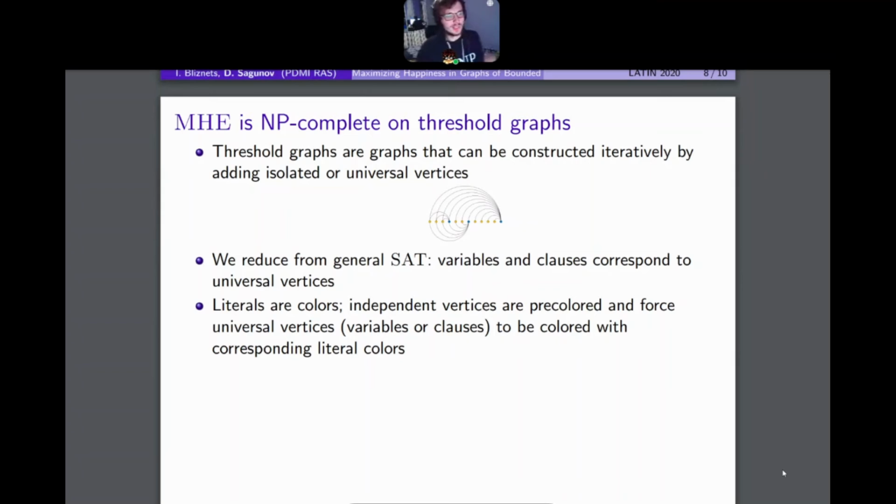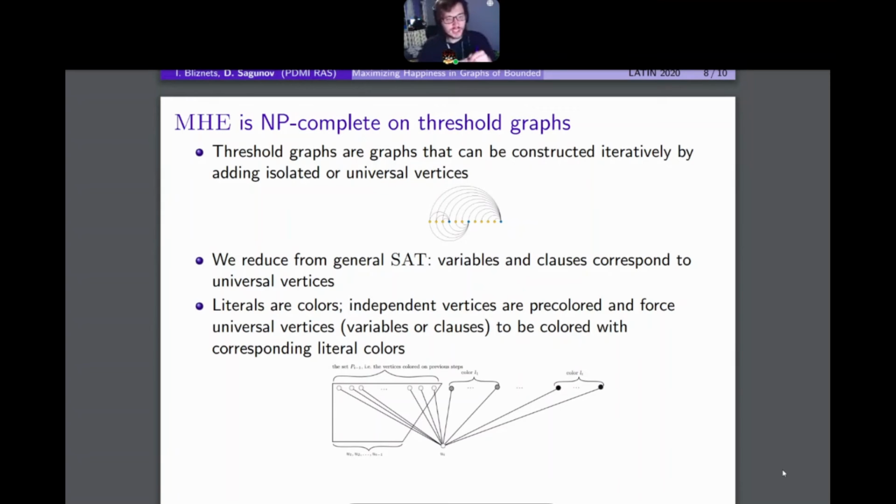In this construction, you can see that u_i is a vertex that is either a clause or a variable, and its color is either a literal appearing in the clause or a literal of this variable.